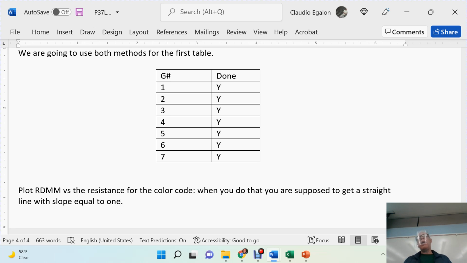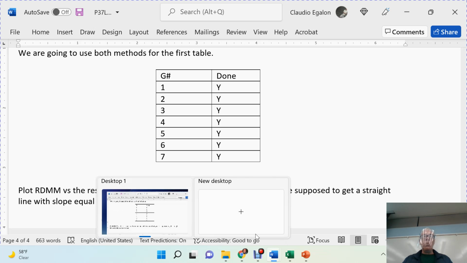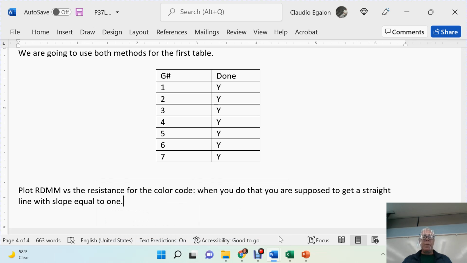If you get 0.95, that's fine. If you get 1.05, that's fine too. The problem is if you get 0.6 or 1.8, that's a problem. The multimeter value should be close to the color code value.